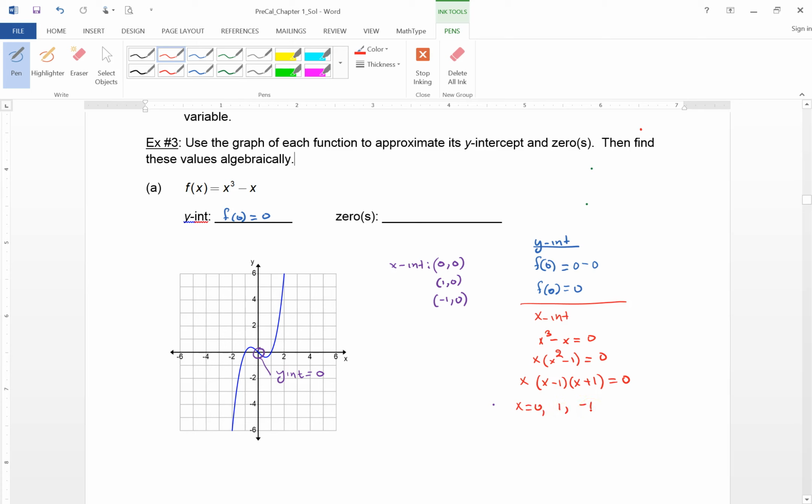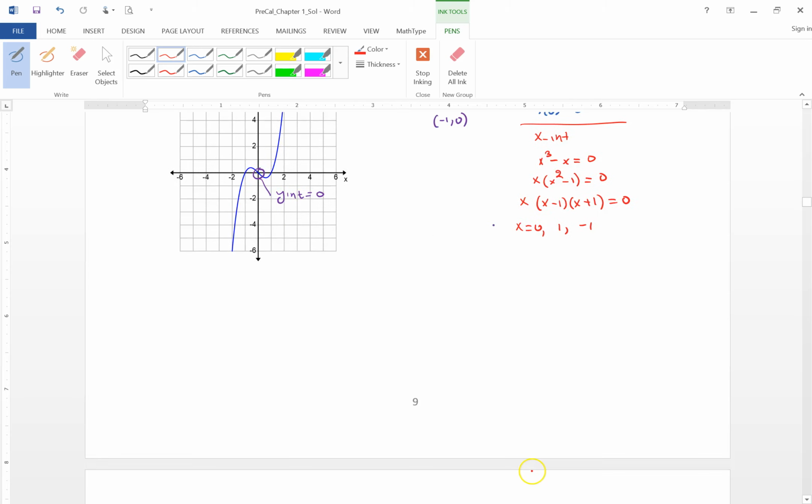Okay, so I have 3 zeros. X is 0, 1, negative 1. And they're expressed either this way or in coordinate form. And I'll specify clearly. Okay? All right, let's do one more.